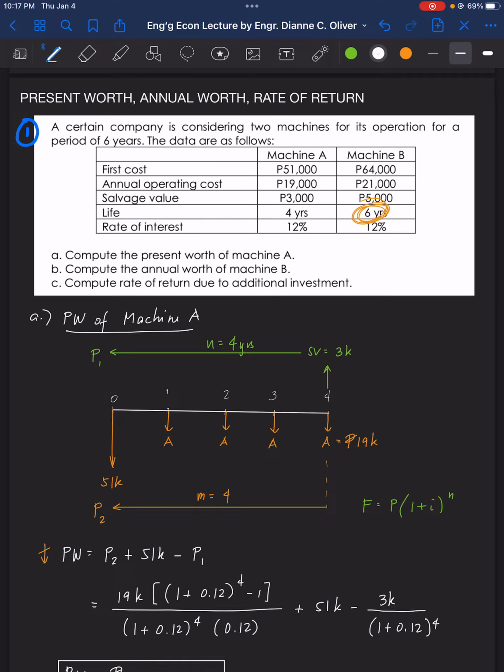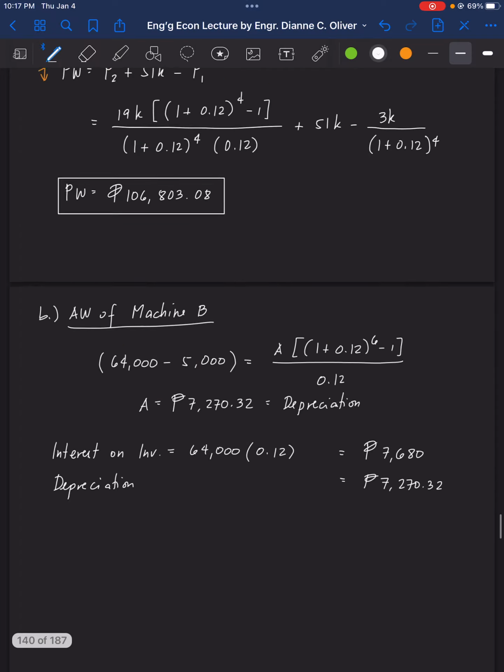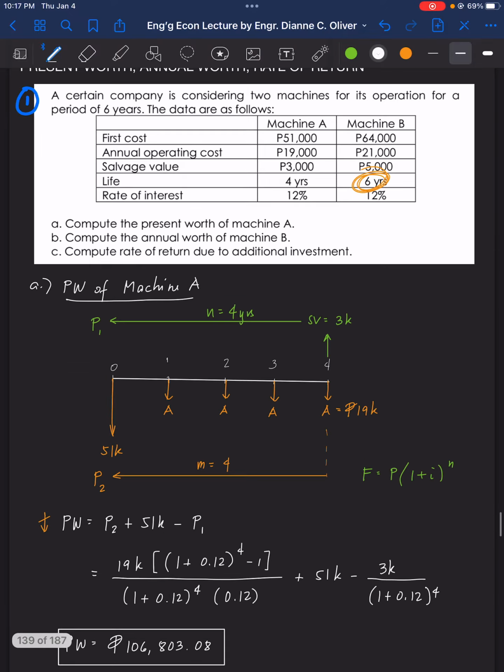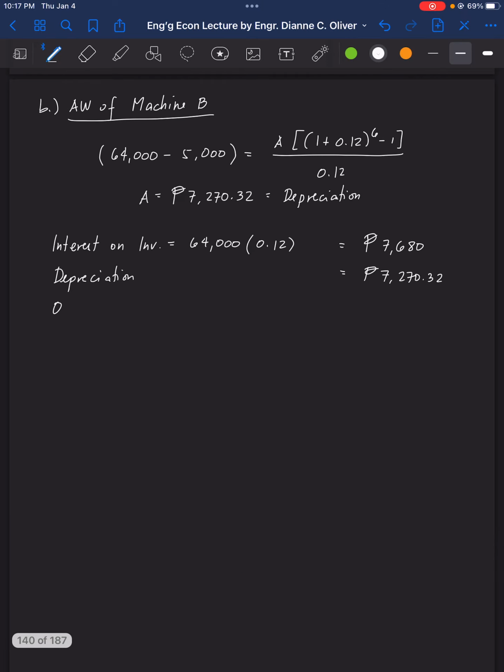So the operation cost is 21,000. So annual operating cost, that will be 21,000 pesos.